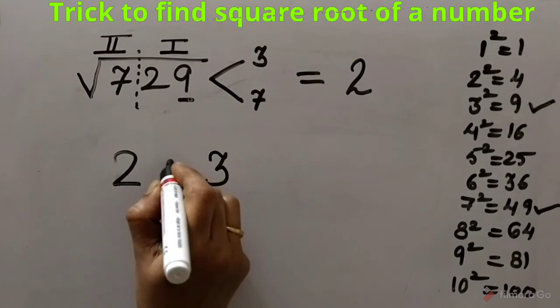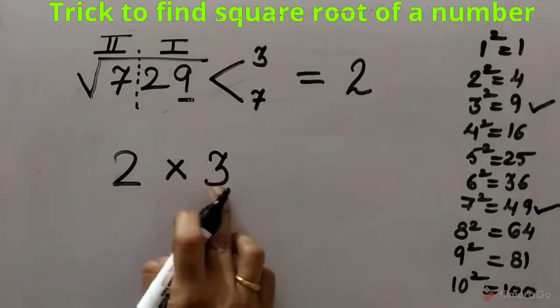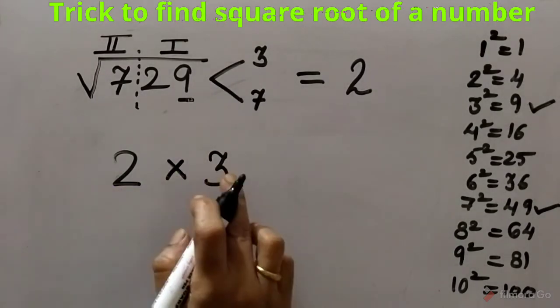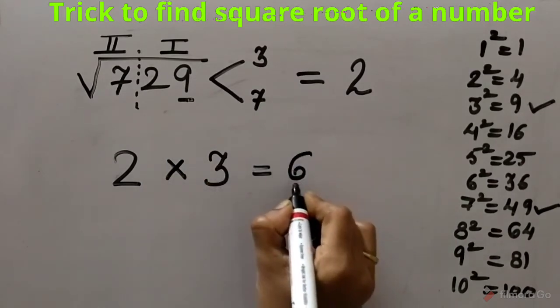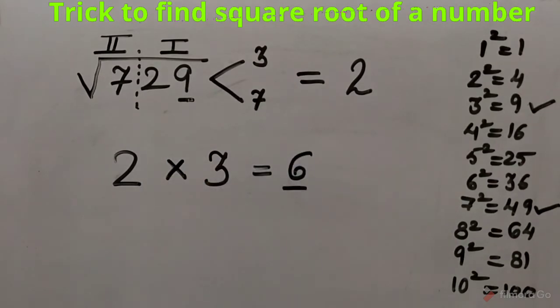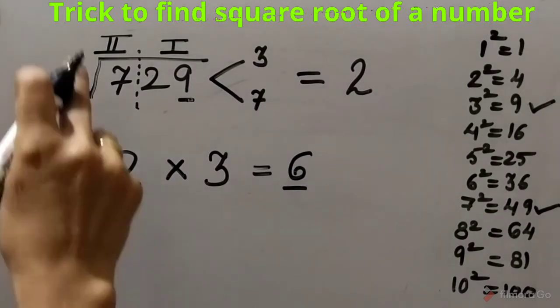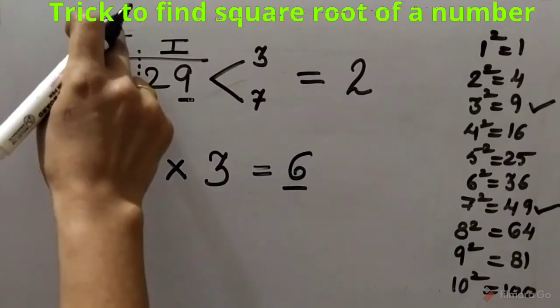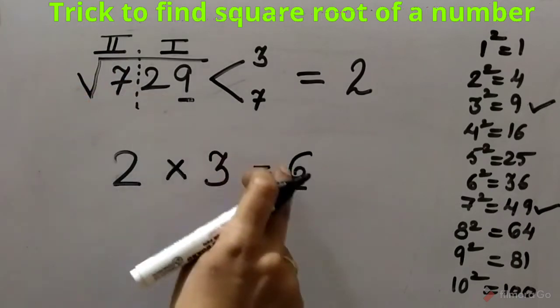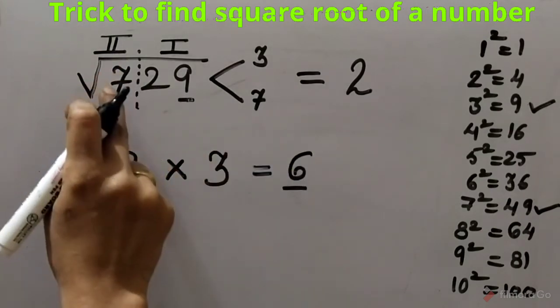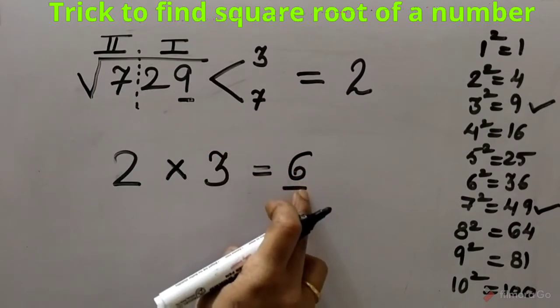After that you have to just take down the product of 2 and 3. What is the product of 2 and 3? 2 3s are 6. This product you have to compare with the digit from the second group. Here the second group digit is 7. If you will compare 7 and 6, 7 is greater than 6.